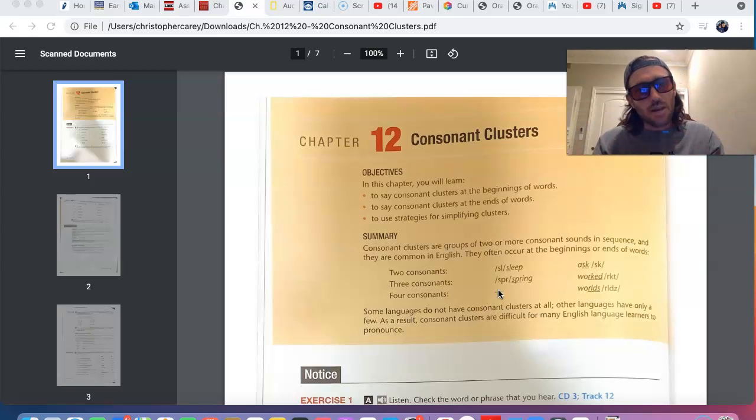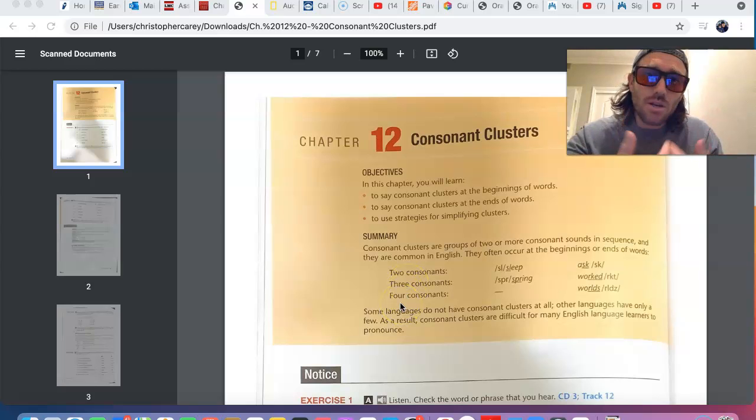For example, a lot of native Spanish speakers, they want to add a vowel sound at the beginning of these consonant clusters, like school, student, study, stop, right? Those two or three consonant clusters at the beginning.